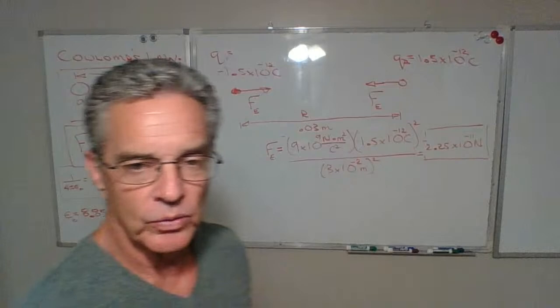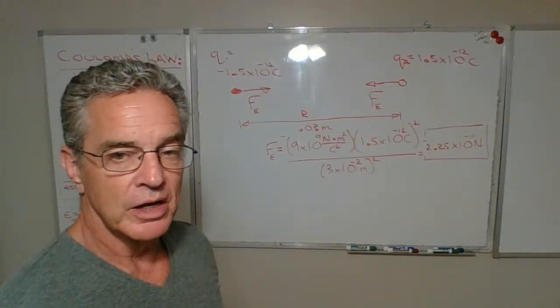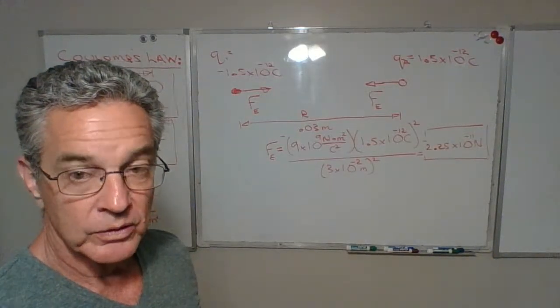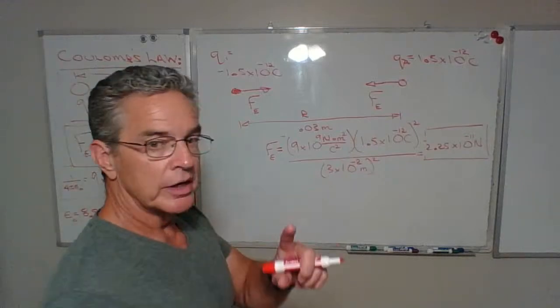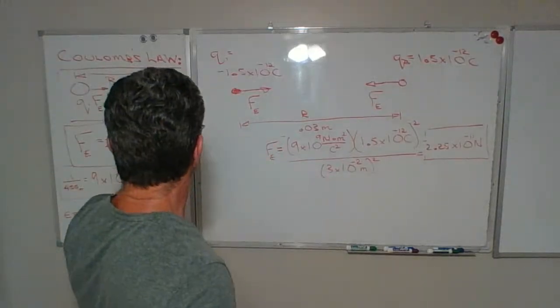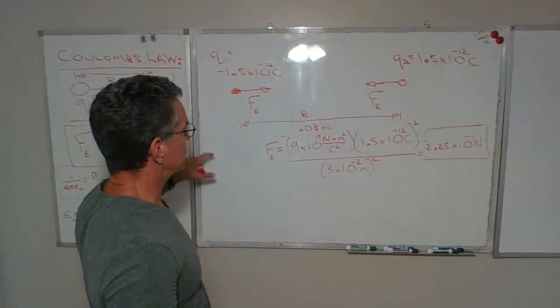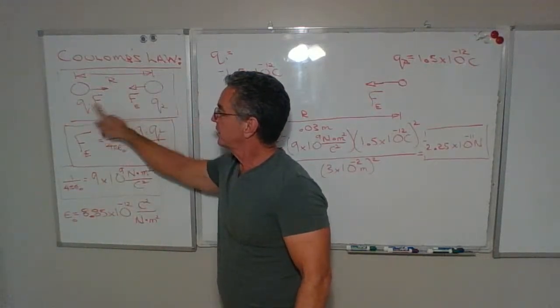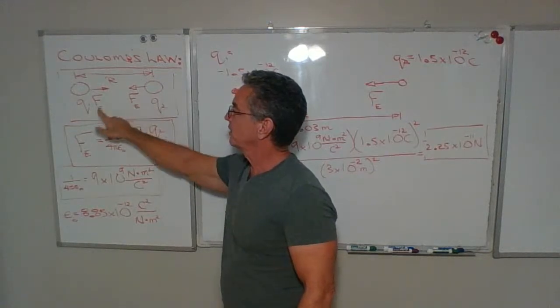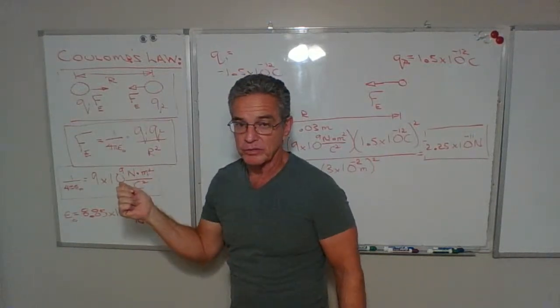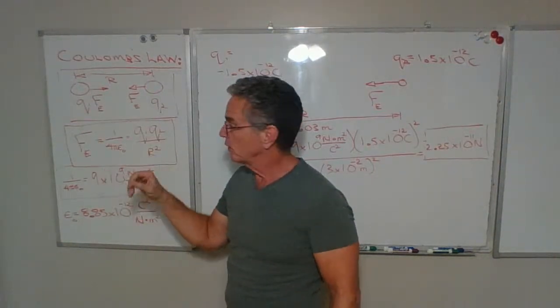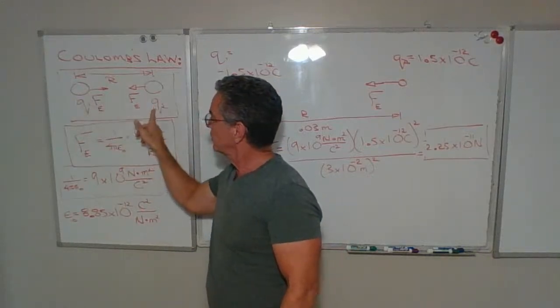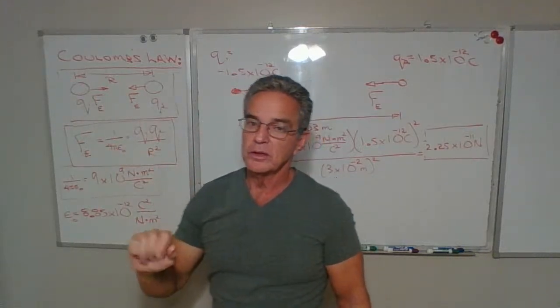That negative sign is only telling you that this is an attractive force, okay? Think about it. That negative sign comes up because of the value of either Q1 or Q2. So if Q1 is positive and Q2 is positive, then a positive times a positive is going to give you a positive answer. That'll be a repulsive force. If Q1 is negative and Q2 is negative, then those are like charges.